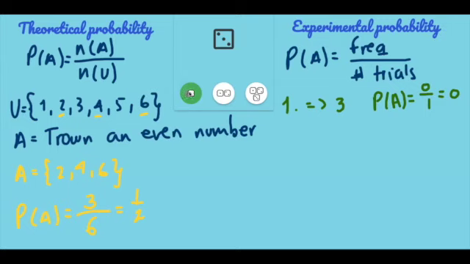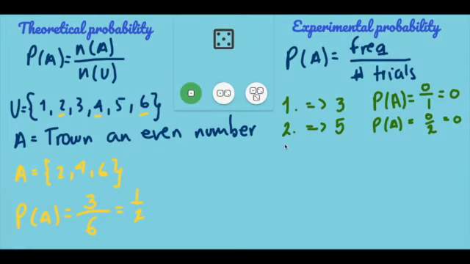Let's roll the dice again. It is 5. So the second time that we throw the dice, the outcome is 5. So the probability of having an even number is again 0, but this time over 2, because we have tried the experiment twice. Let's roll the dice again.